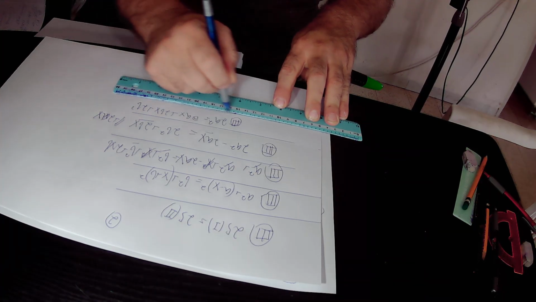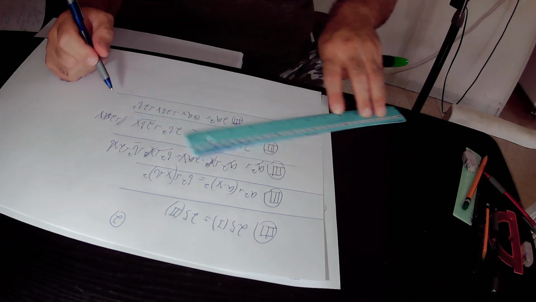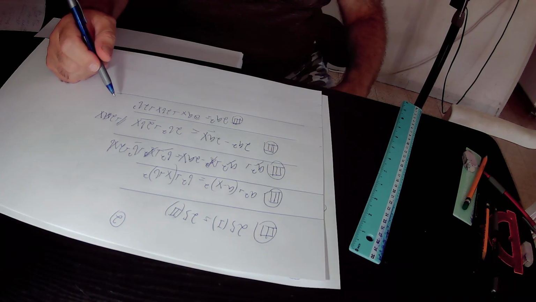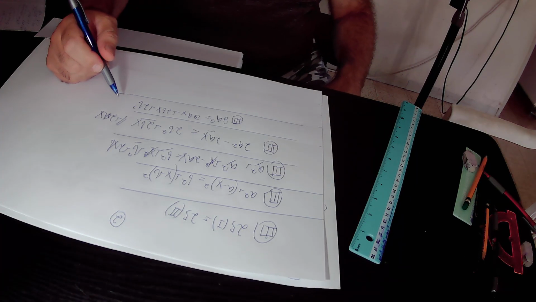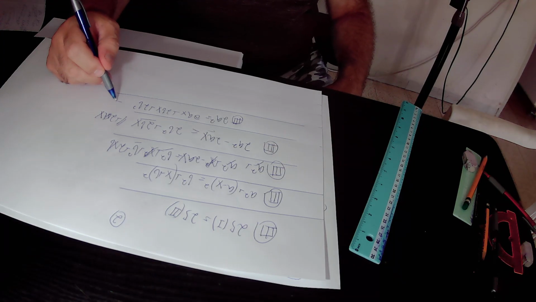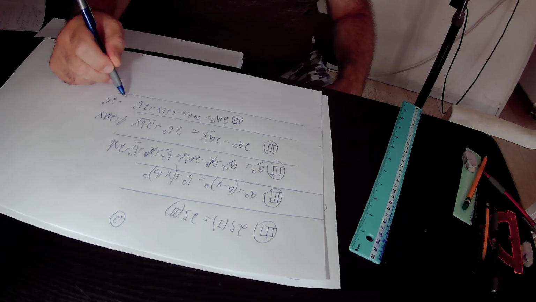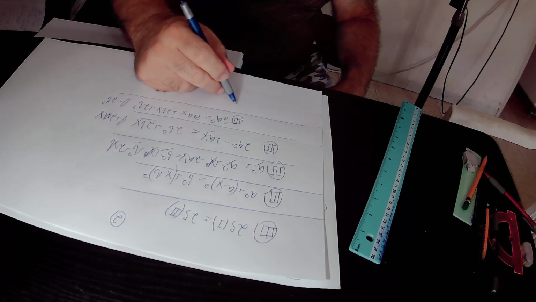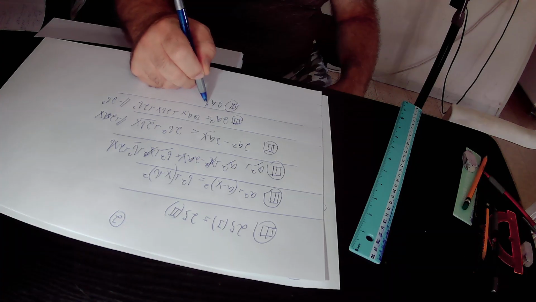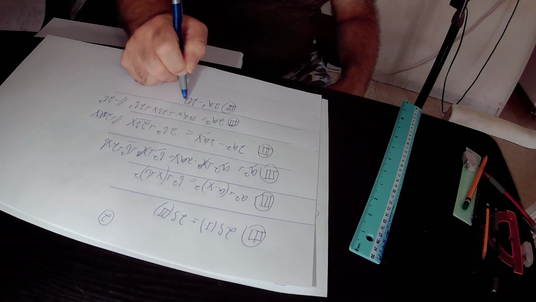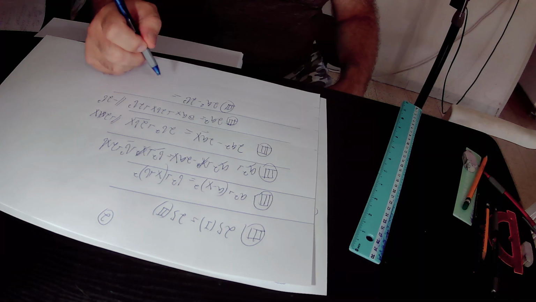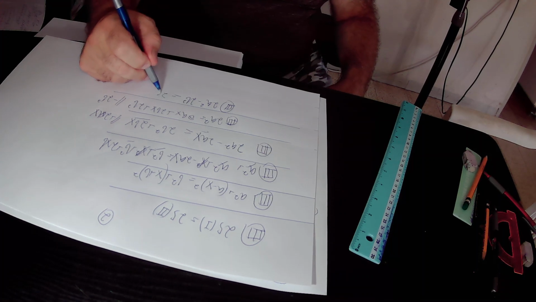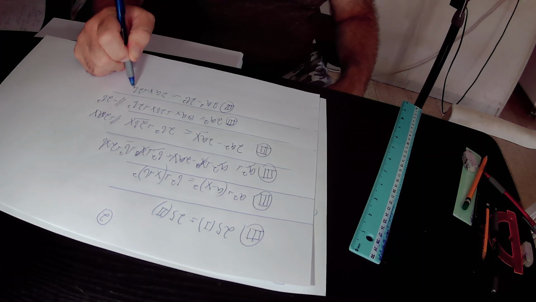So we found out that according to equation 3, 2a squared equals 2ax plus 2bx plus 2b squared. Here we will subtract 2b squared from this equation, and we get that according to equation 3, 2a squared minus 2b squared equals 2ax plus 2bx.